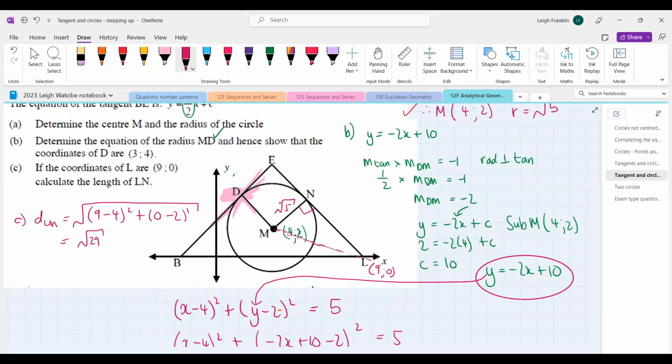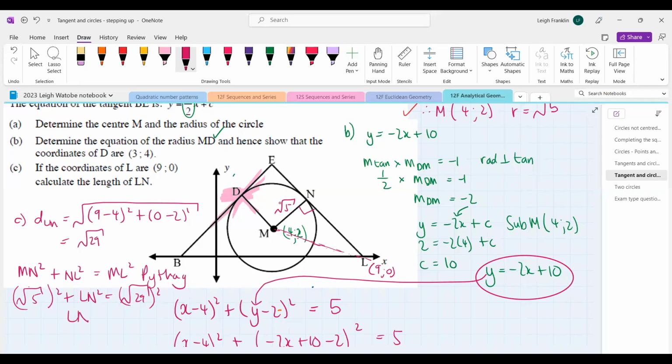Theorem of Pythagoras. Okay, MN squared plus NL squared equals ML squared. MN is √5. NL or LN is what we're trying to calculate, and this is √29.